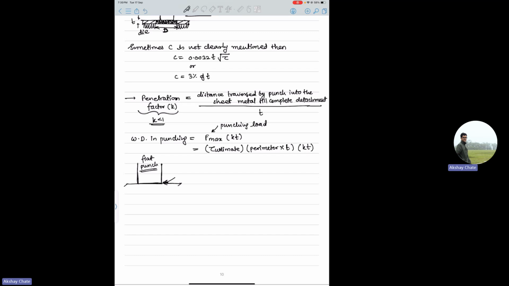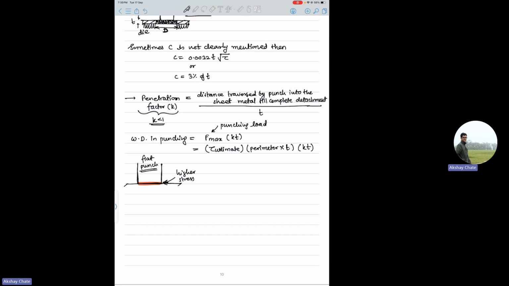Here, on this surface, you'll have a high stress concentration, because the whole load is distributed over the surface, so you'll have higher stress on the punch surface.